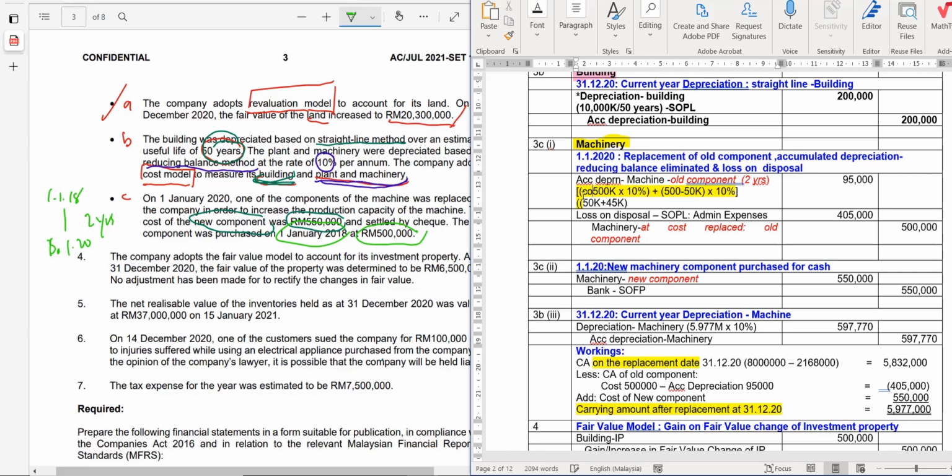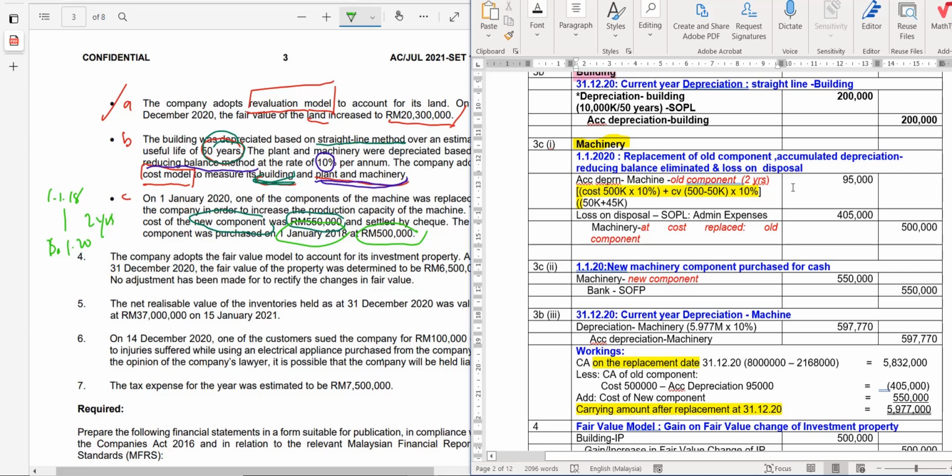The second year is at carrying value, so the carrying value during the second year would be 450,000. If you add up 50,000 depreciation from the first year 2018 plus 45,000 in 2019, you have the total of 95,000.